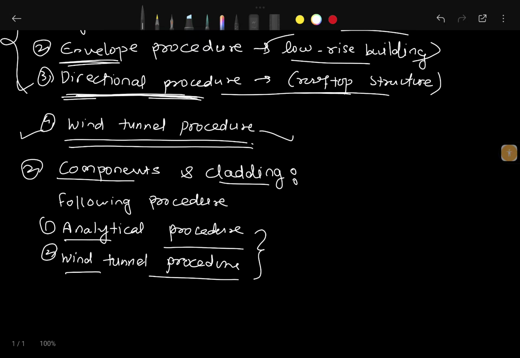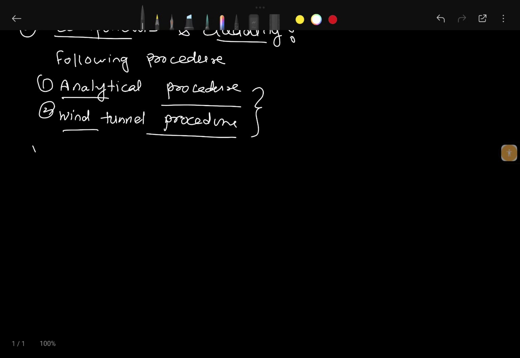Now, I will tell you some very important definitions with respect to this wind load. What type of member we call what, in this definitions section. The first one is attached canopy. What is meant by an attached canopy?